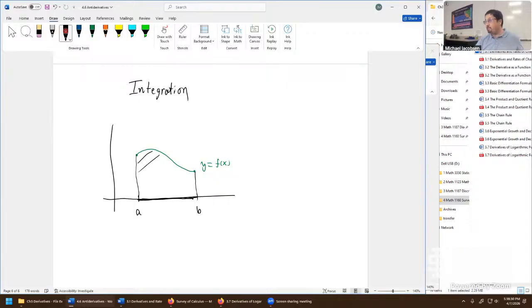So we have an area that's being bounded by the function y equals f of x, a nice continuous curve, by the vertical line x equals a, the x-axis itself, and the new vertical line. So in integration, we want the area of this region.